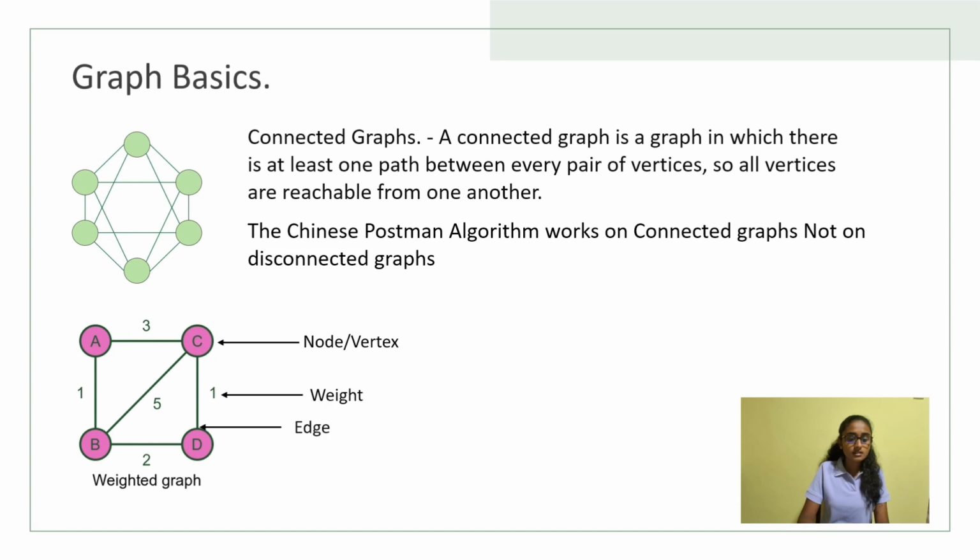A connected graph is a graph in which there is at least one path between every pair of vertices. So all vertices are reachable from one another. The Chinese Postman Algorithm works on connected graphs, not on disconnected graphs. If the graph is disconnected, the postman cannot reach all roads.